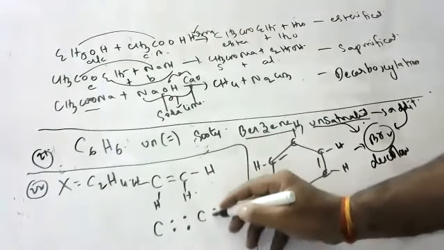Children, will it dissolve in water or not? Will it conduct electricity? Will it have high MP or high BP? No, it will not dissolve. Why? Because it doesn't have charges. Why doesn't it have charges? Because they undergo covalent bonding, so there are no ions. When they don't have ions, they do not conduct electricity.